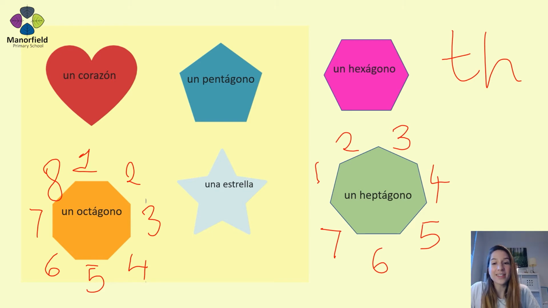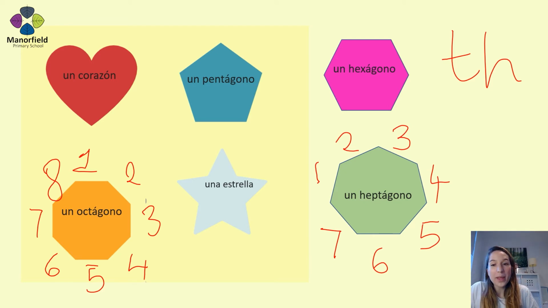To say octagon in Spanish, and you guessed it, it is fairly similar, it's un octágono. I always think of an octopus, which has 8 legs, to help me remember that an octagon has 8 sides.